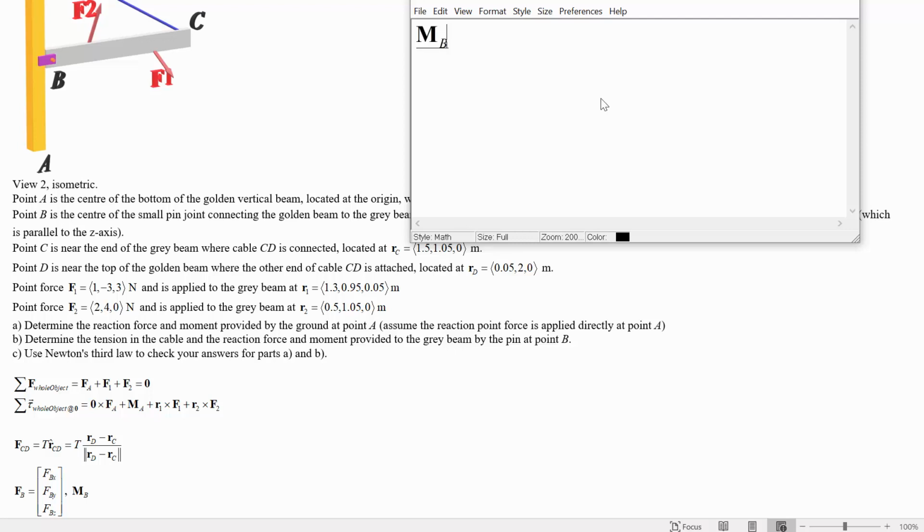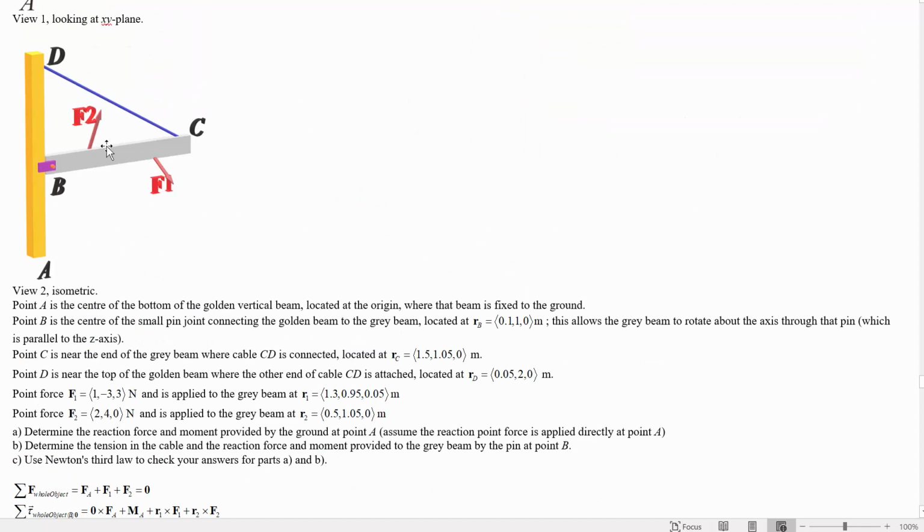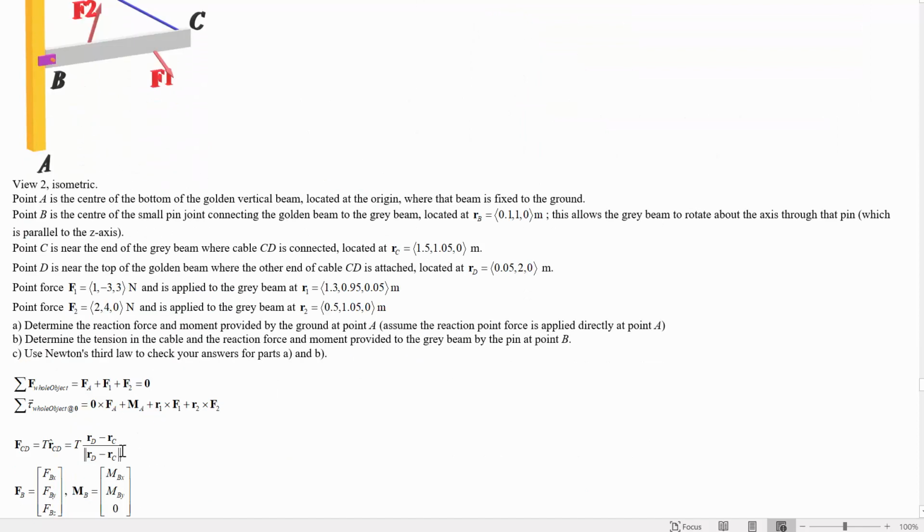The moment, what do we know about that? It also is an arbitrary moment in X and Y, but we know that there's no moment about Z because the pin is in that direction. So this can't be providing a moment about Z. It can't be resisting rotations about Z.